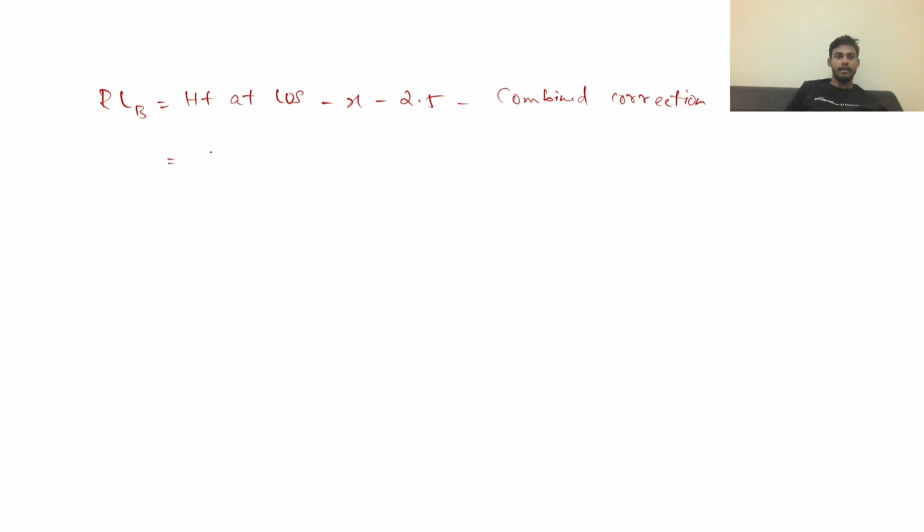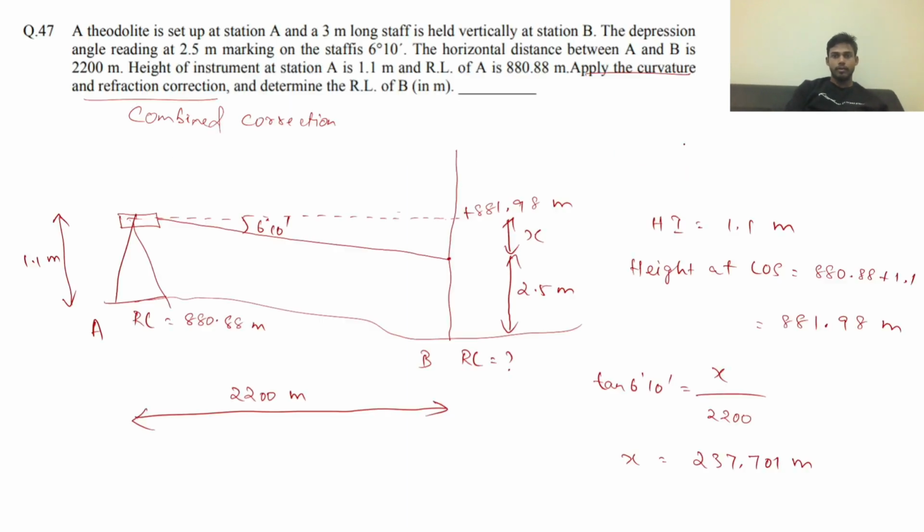So the height at line of sight is 881.98 minus x, that is 237.701 meter, minus 2.5, and the combined correction, which is minus 0.0673 d square.